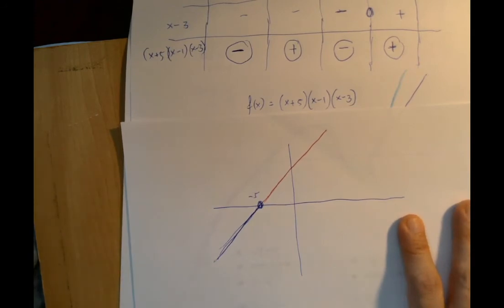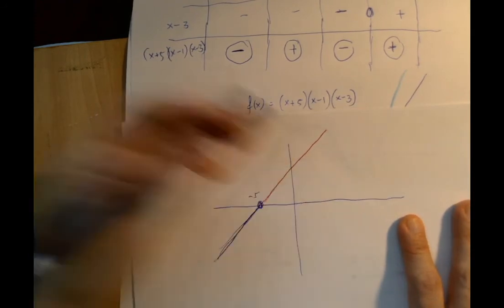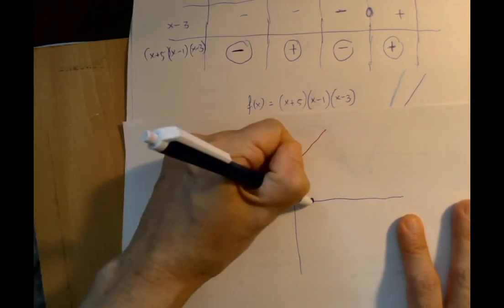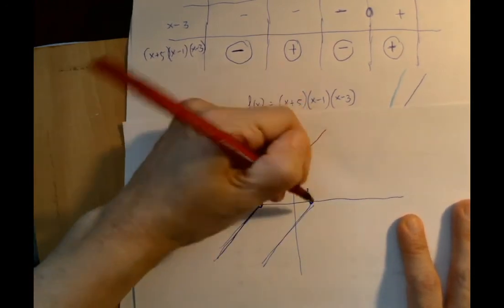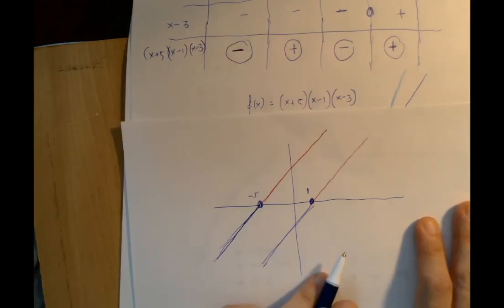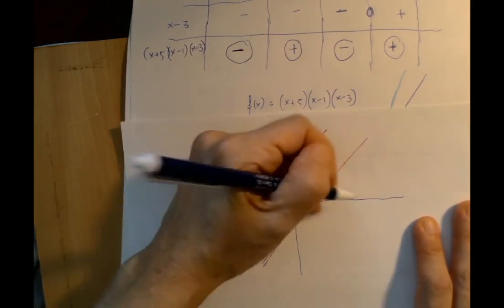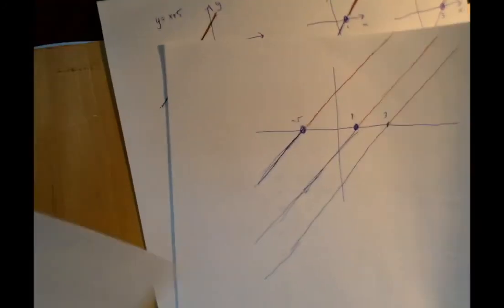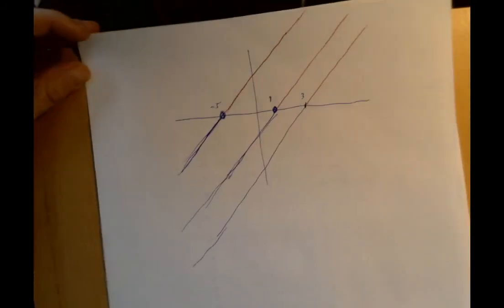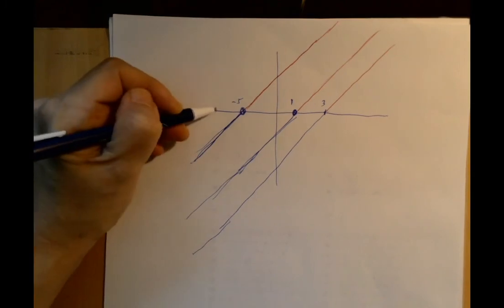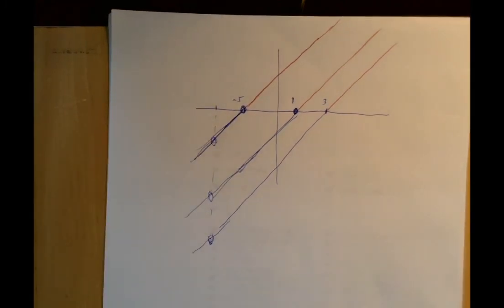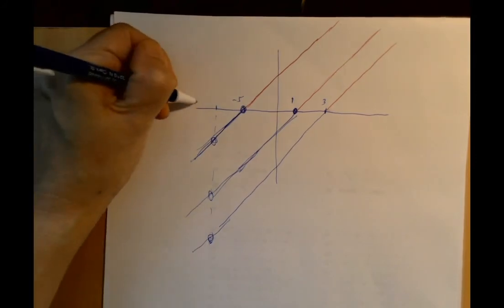Then the second factor is y equals x minus 1, which has its moment of excitement at x equals 1, negative before, positive after. Finally, x minus 3. So instead of the table, we're just going to look at this strange little graph. If we pick a point on the left of -5, we are multiplying three negative numbers, right? So the product is going to be negative here.